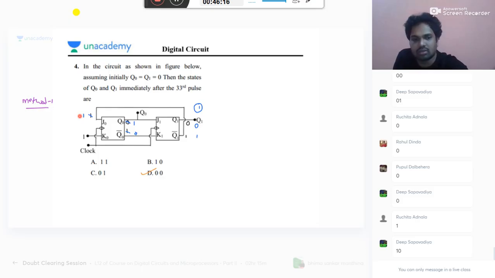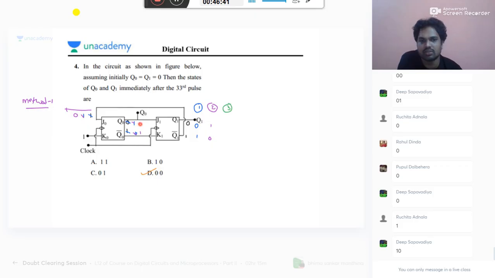Now second clock. When you apply the second clock, what is the input here? 1, 0. You will get 1, 0. What is the input here? 1, 1. You should take previous bar. This 0 will go back here. Next, third clock.